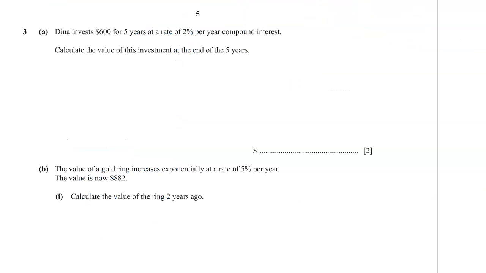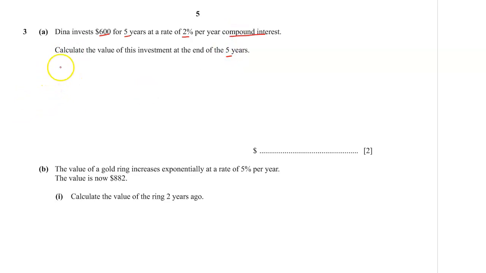There you are. Number 3. Dina invests $600 for 5 years at a rate of 2% per annum compound interest. Calculate the value of this investment at the end of the 5 years.